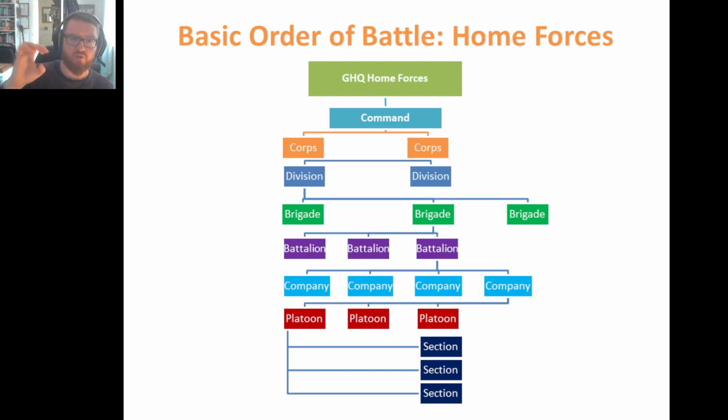So in a very broad sense, right at the top, the tip of the spear in terms of the command of the Home Forces and your order of battle, is the GHQ Home Forces, primarily consisting of the Commander-in-Chief of Home Forces. Below the GHQ Home Forces, you have commands. The whole of the UK, in particular mainly England, was split up into several commands.